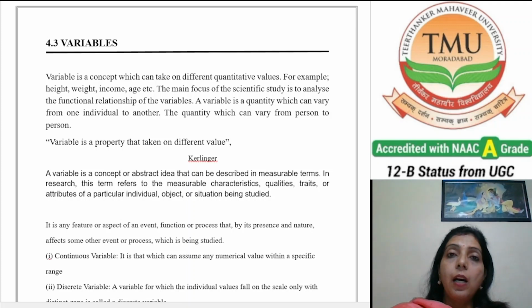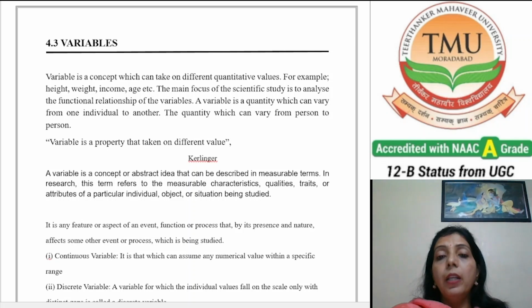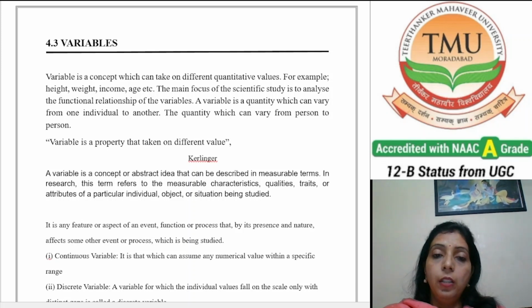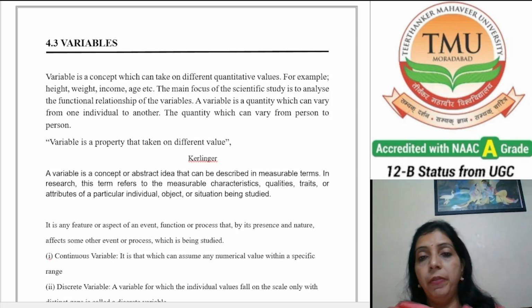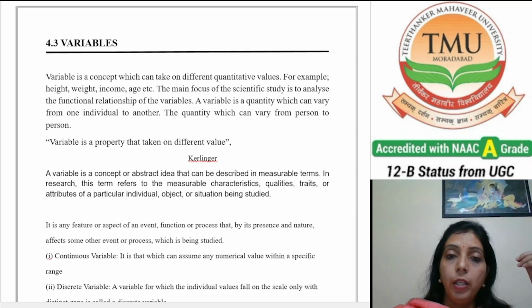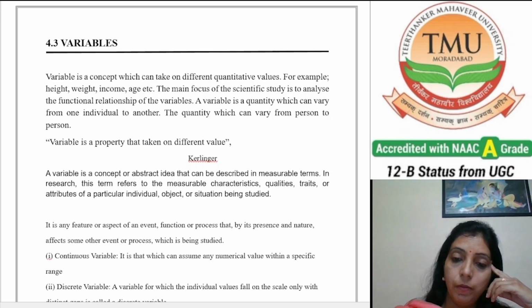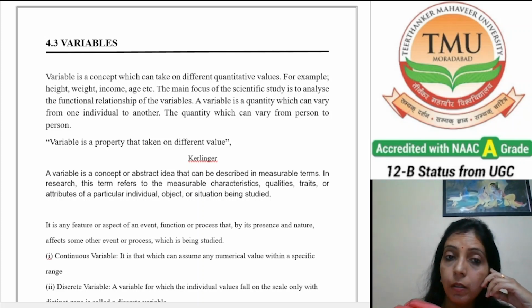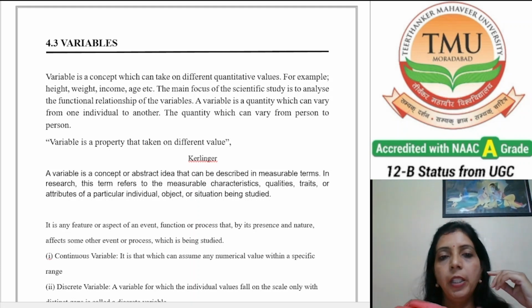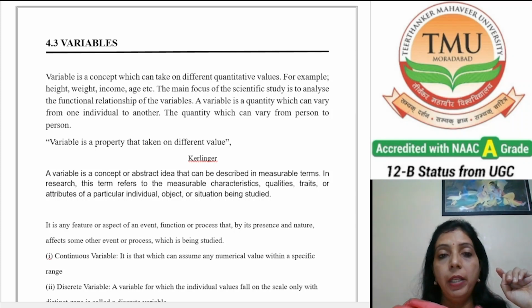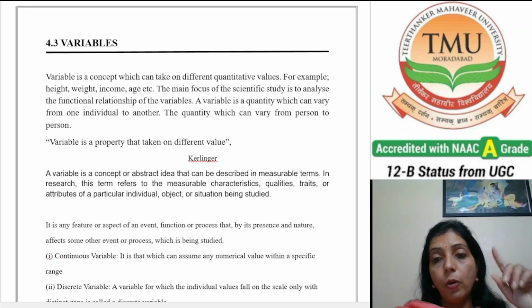Independent variables are variables which are manipulated, controlled, or changed.